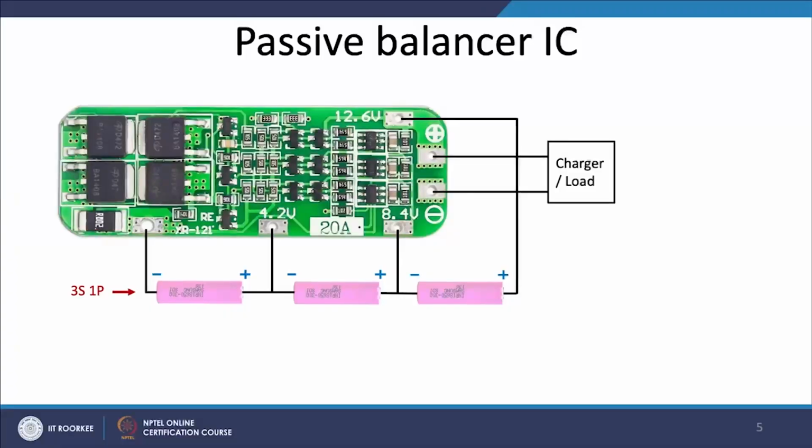A DC power supply is used to charge the battery and a rheostat of 20 ohms for discharging operations. You can see the passive balancer IC.